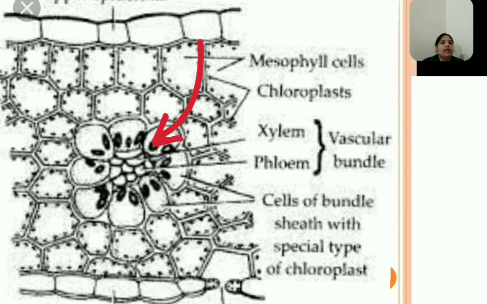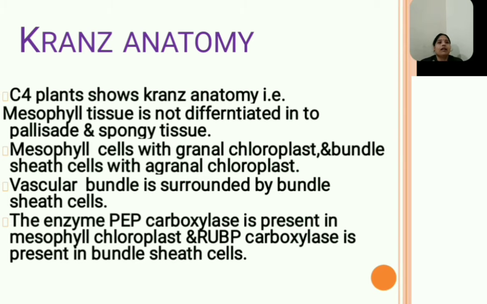The enzyme PEP carboxylase is present in the mesophyll chloroplast, but the remaining enzyme, that is RuBP carboxylase, is present in the bundle sheath cell. So the remaining portion is known as the bundle sheath cell, and vascular bundles are surrounded by bundle sheath cells. Vascular bundles are made up of xylem and phloem.